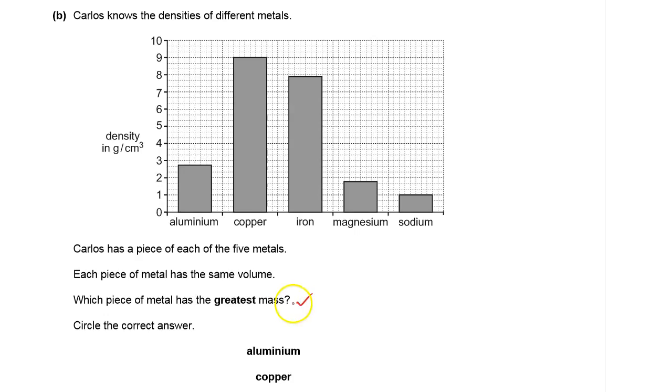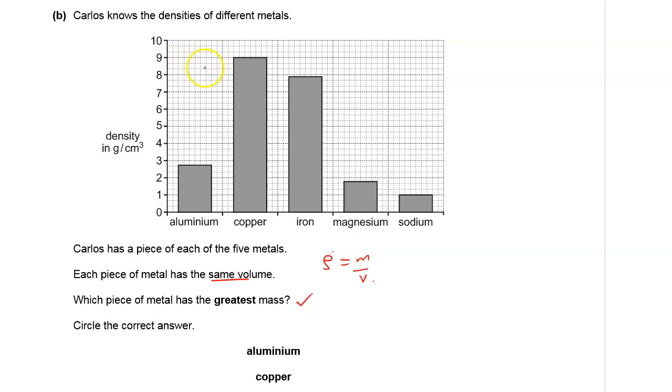Which piece of metal has got the greatest mass? They have got the same volume. Remember that. And we know that density is equal to mass over volume. Volume is the same, so volume is a constant for all. So the one that has got the greatest mass will have the greatest density. And therefore, you look at the graph.